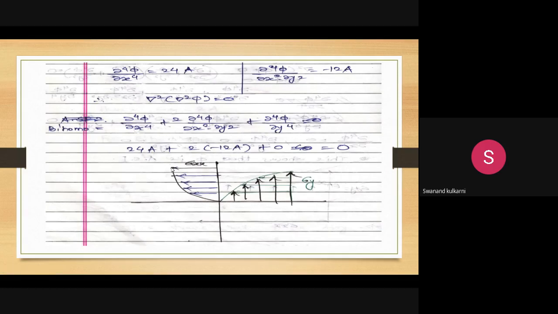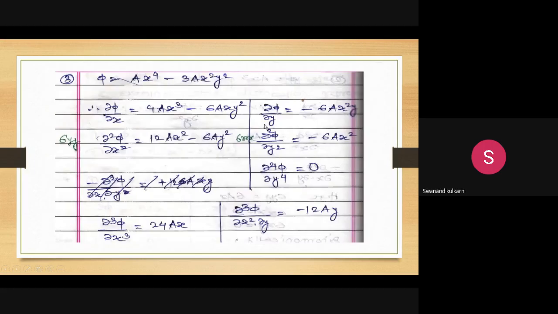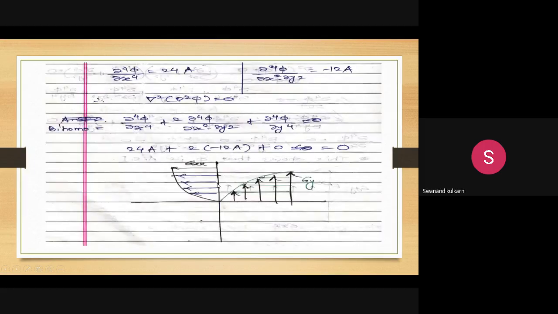So as x changes from 1, 2, 3, 4 like this, the sigma xx value is going to change in the negative direction. That's why it is a parabolic function, and here the sigma xx values are shown. So that can be plotted approximately this way.